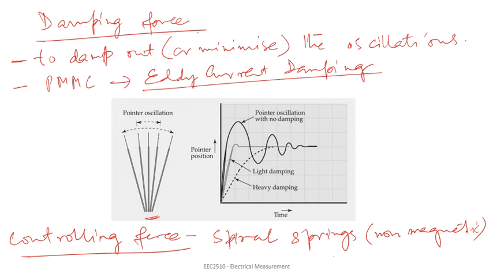So these springs must be non-magnetic, and sometimes the springs are also used to make the electrical connection to the coil, so they must have a low resistance as well. Normally the material which is used for making the springs is phosphor bronze. So you can also write that phosphor bronze type of material is used for making the controlling springs.